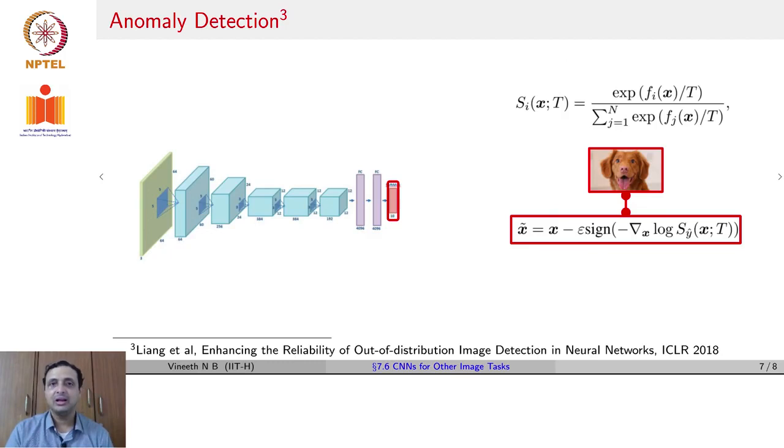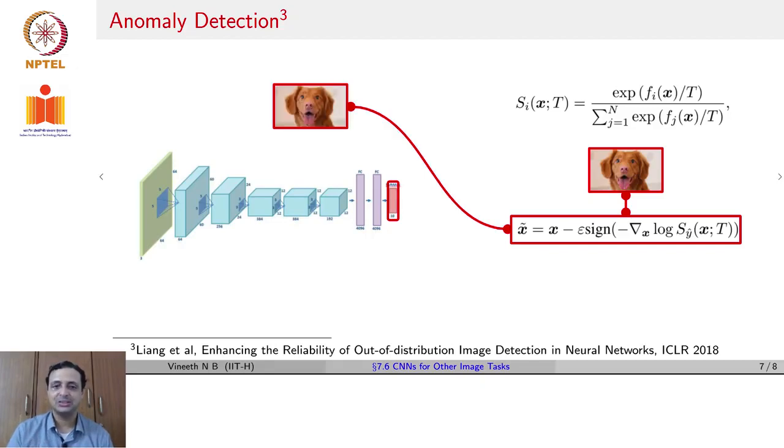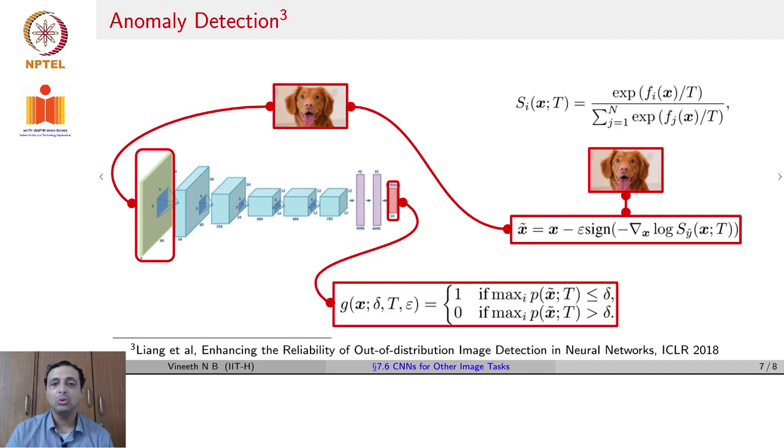On the other hand, if it was an out of distribution image and you added this perturbation, now the softmax outputs would get a bit more confused. This simple intuition is now used to reconstruct an image based on this small perturbation. You provide that as input to the neural network again, and now you look at its output.